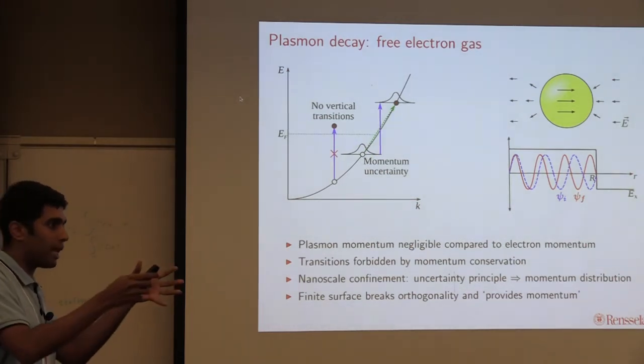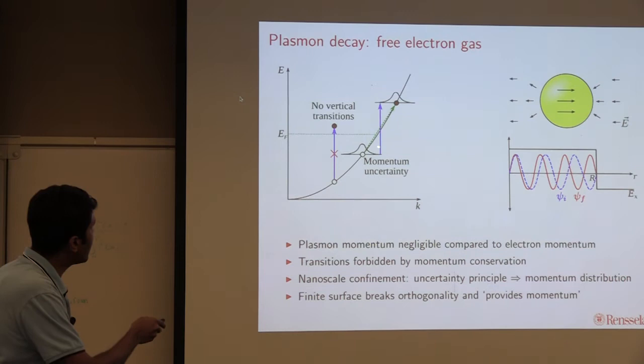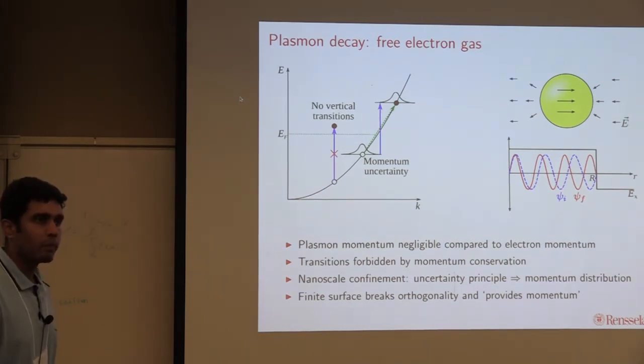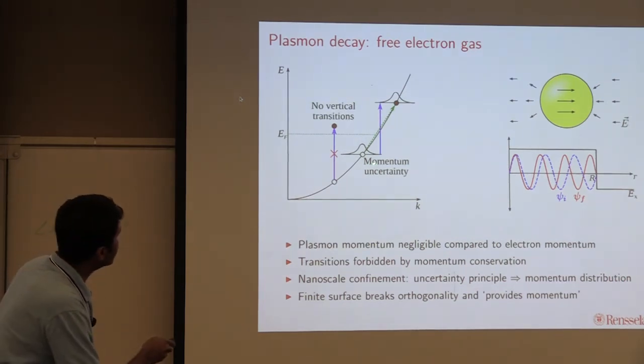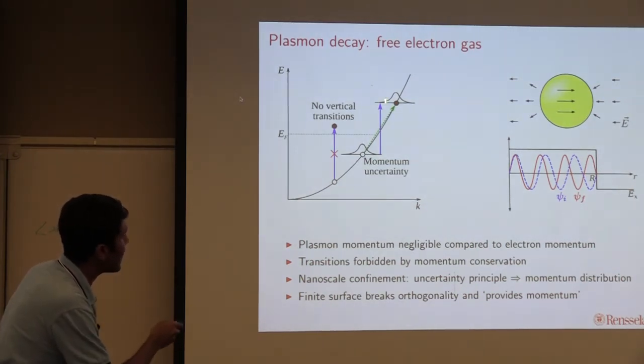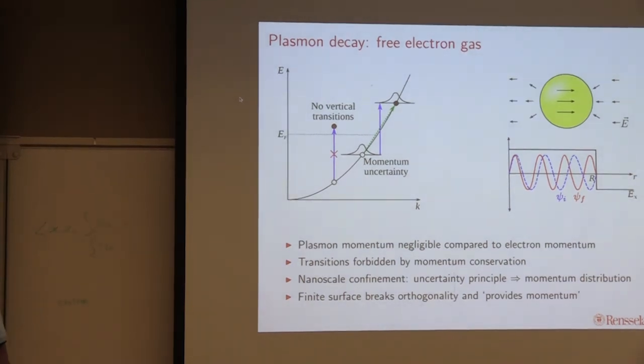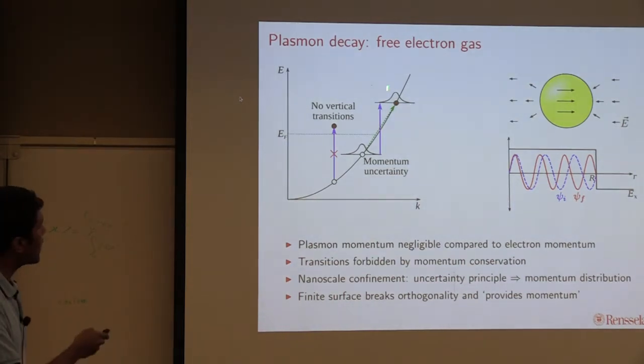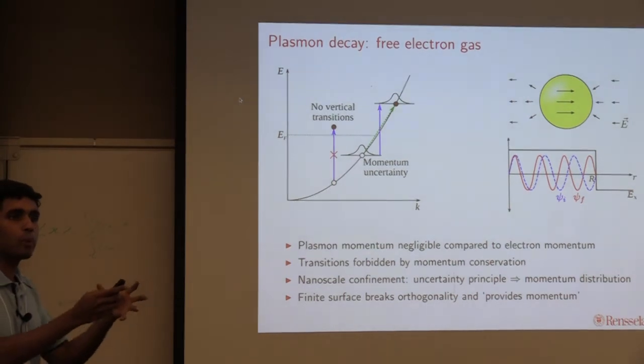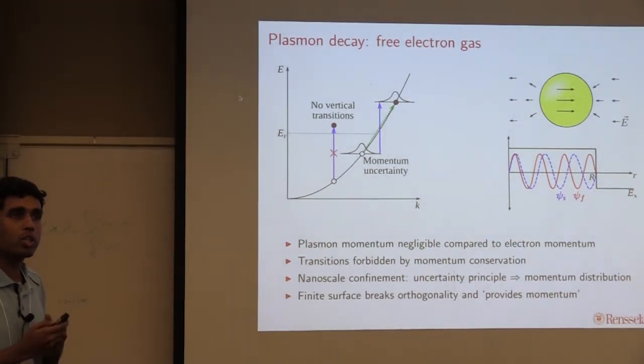And as I make the confinement smaller, I'm increasing the spread in momentum. So then effectively there is some finite probability in a nanoscale sample to do a vertical transition from the tails of these distributions. And I would expect that as I make the geometry smaller, the probability of this transition would increase. Right? So I would expect the probability of this kind of excitation to be inversely proportional to the dimensions of the sample.